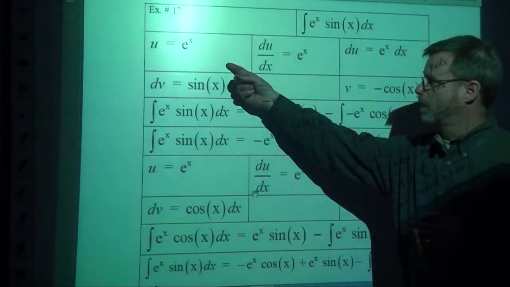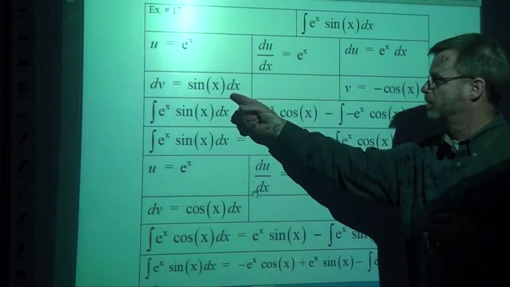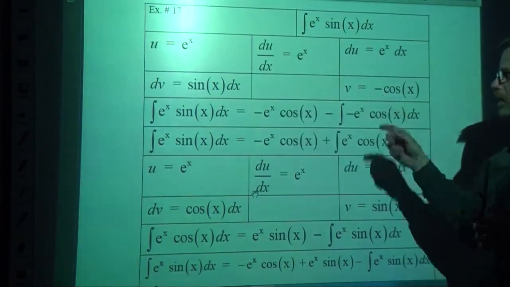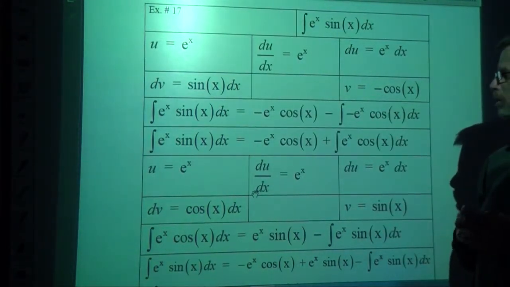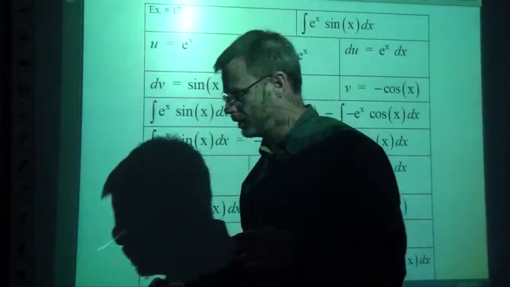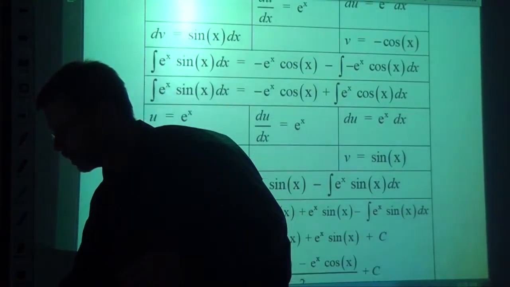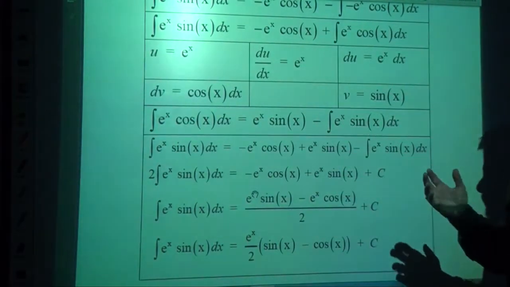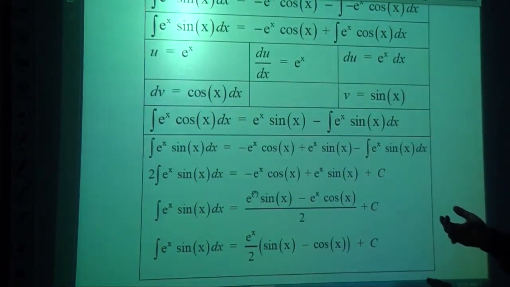Here's our u to start with. Sine x dx is our dv. Differentiate on that line, integrate on that line. Then we're going to rewrite that, and we're going to have to reapply the technique, just like you did in the textbook example.